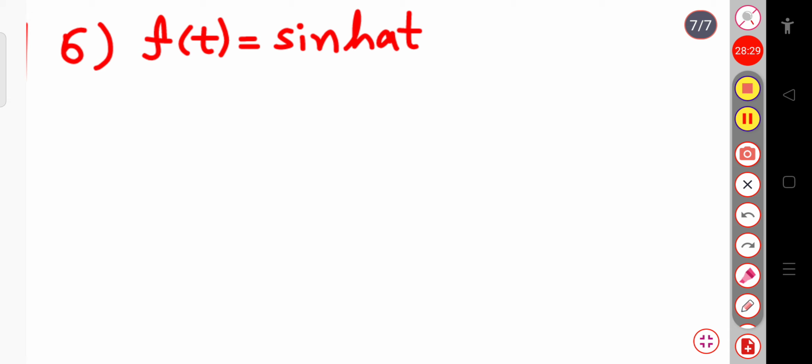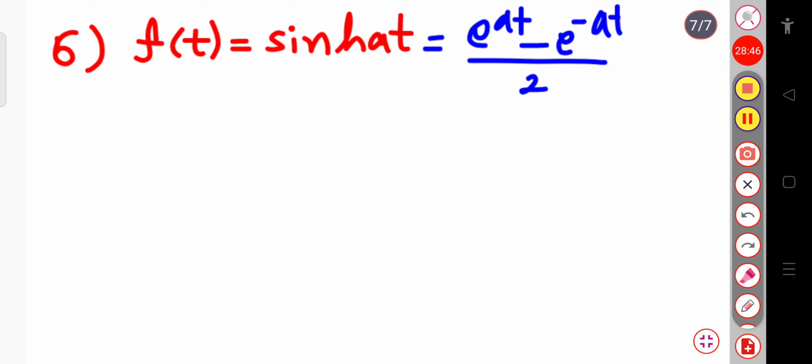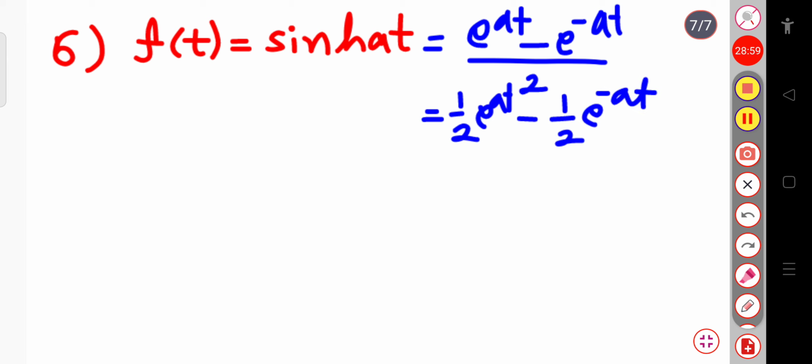This sinh at can be expressed, splitting it into exponential terms, as exponential at minus exponential minus at, divided by 2. Now if I separate it, this is equal to 1 by 2 into exponential at minus 1 by 2 into exponential minus at. Now we will take the Laplace transform of sinh at.